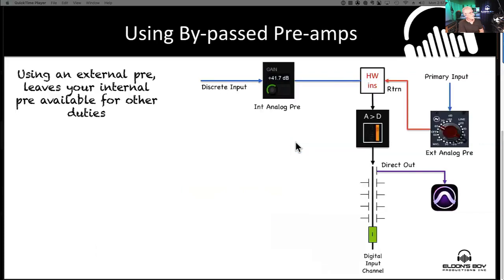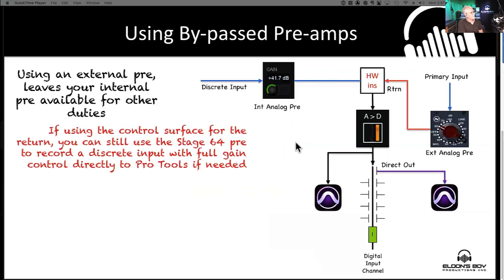All right, so let's talk about some of the caveats that go along with that, though. If you're using an external pre and using the control surface for the injection point, you're going to bring it into the control surface. You can still use the stage 64 pre on the same processing channel. So I could actually have both of those preamps available to me if I inject this insert return on the console XLR, not the stage rack XLR.